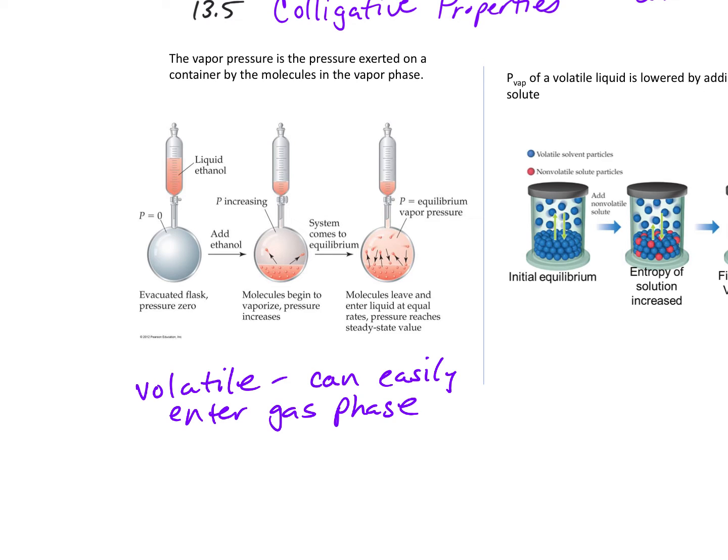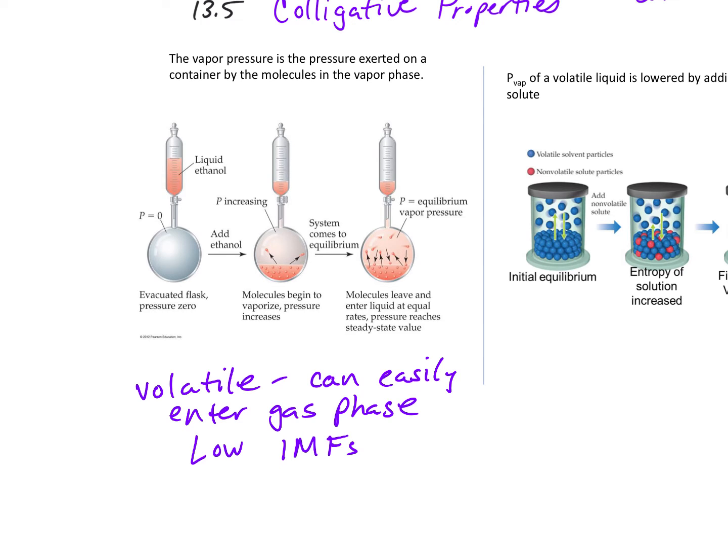If you're thinking about molecules that easily enter the gas phase, would you expect them to have high intermolecular forces or low intermolecular forces? Low. Yeah. So low intermolecular forces, meaning they're not bound very strongly to each other. And so usually, like you said, we have low IMFs, intermolecular forces, in something that's very volatile.